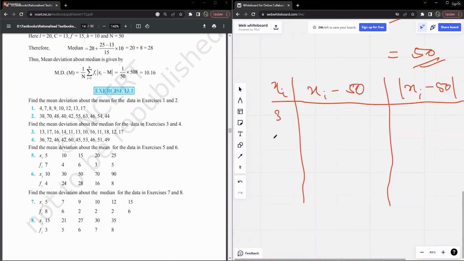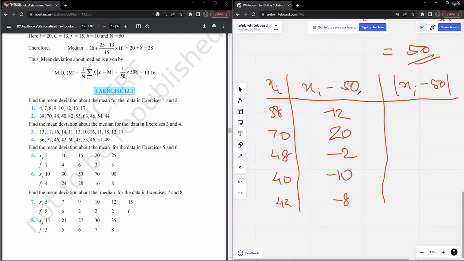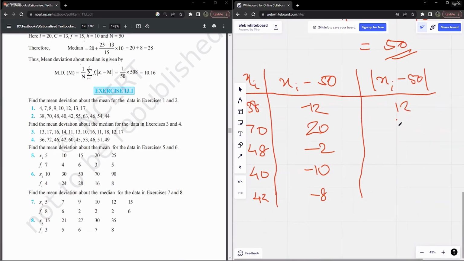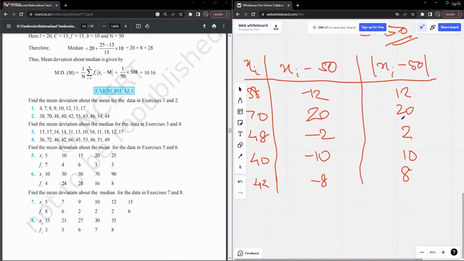So now we have 38, 70, then 48, then 40, then 42 as the first five numbers. 38 minus 50 is minus 12, 70 minus 50 is 20, 48 minus 50 is minus 2, 40 minus 50 is minus 10, and 42 minus 50 is minus 8. Taking the absolute values, this becomes 12, 20, 2, 10, 8.